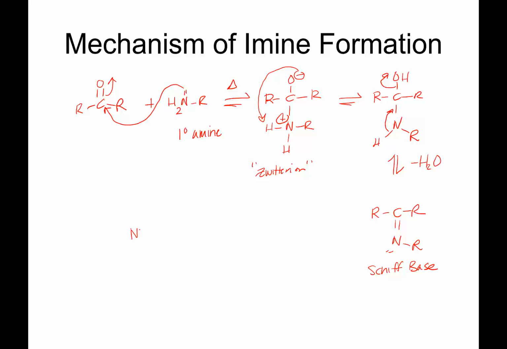If I started by taking NH3 and adding it to the aldehyde or ketone, then if the R is not an R but an H, this is what's called an imine. Technically an imine comes from ammonia, and the Schiff base comes from everything else, although we'll use those terms interchangeably. So this is the addition-elimination reaction.